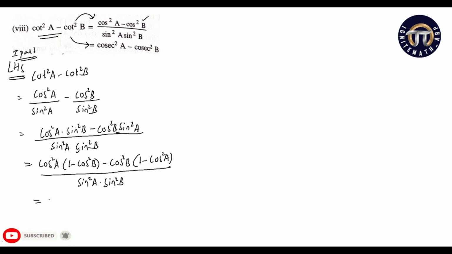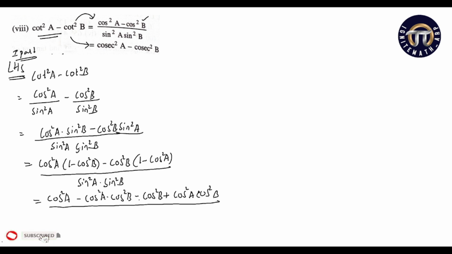So now when I remove the bracket, it is going to be cos square A minus cos square A into cos square B, minus cos square B plus cos square A into cos square B. The denominator I am going to retain as it is, that is sin square A into sin square B. If you observe carefully, the cos square A cos square B terms with plus and minus signs will get cancelled.